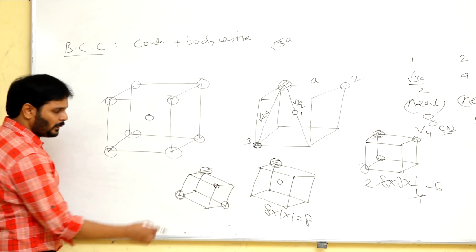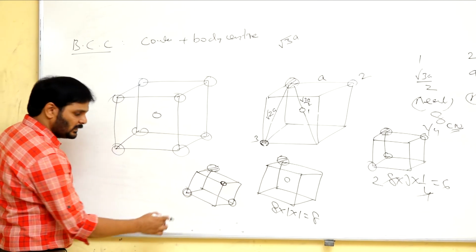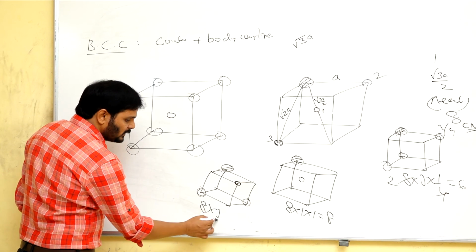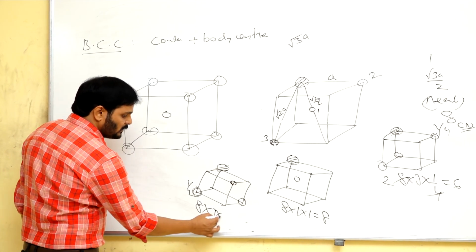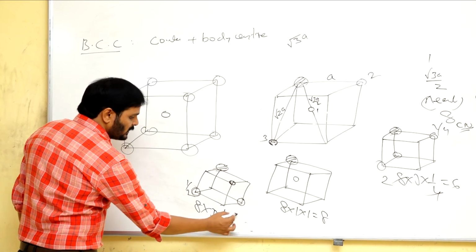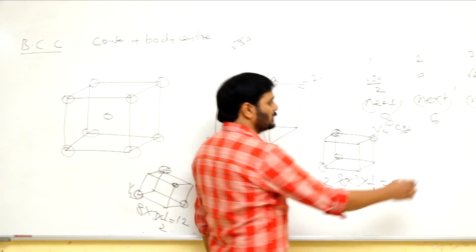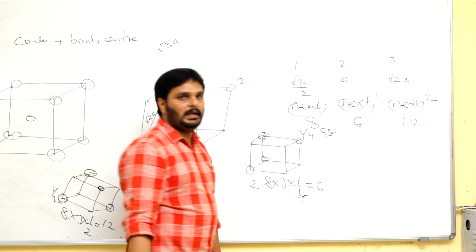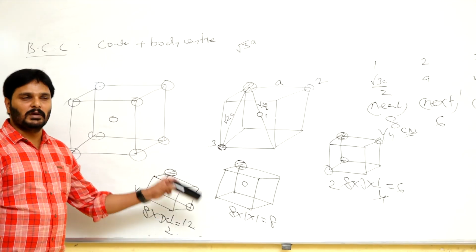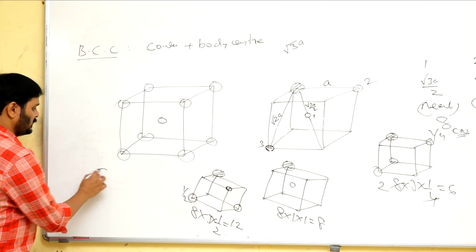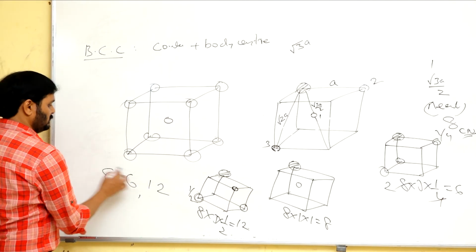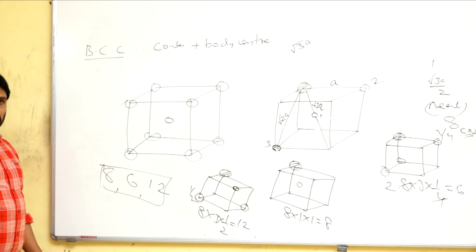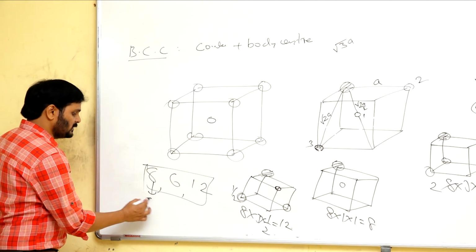So total 3 atoms, so 8 into 3, and the contribution is half, which is nothing but 12. So 8, 6, 12 are the neighboring atoms in BCC. The first one is known as the coordination number.